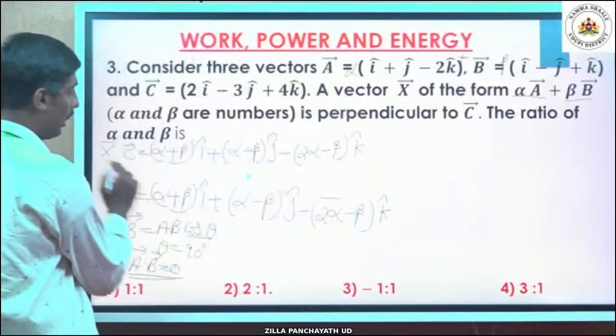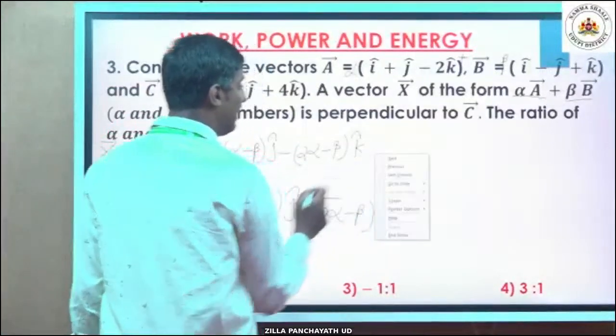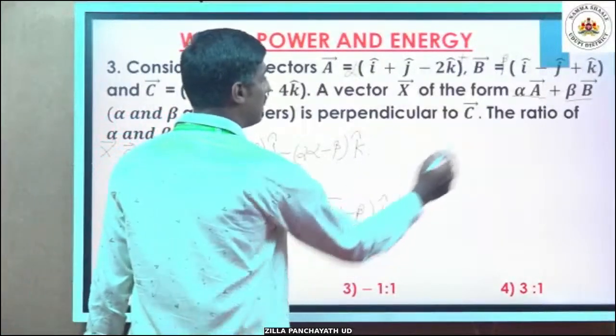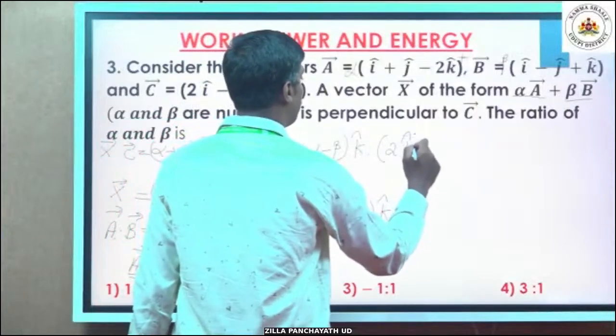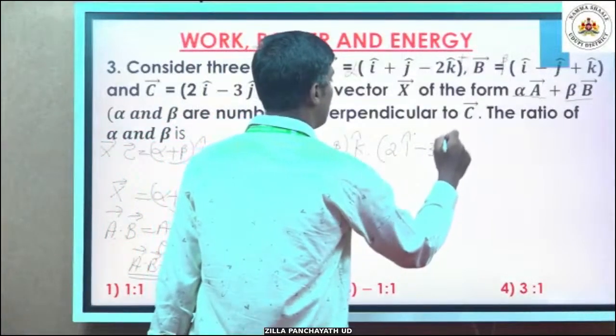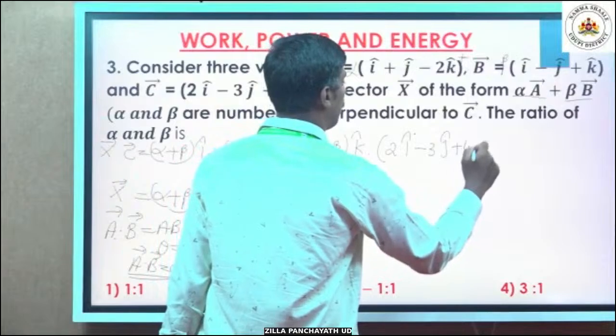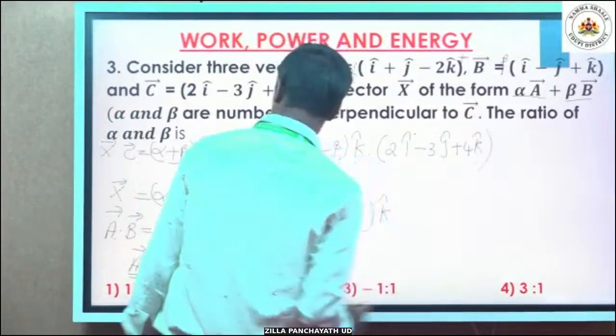This is x vector dot C vector. Now see what the C vector is. They have given the C vector as 2i cap minus 3j cap plus 4k cap.